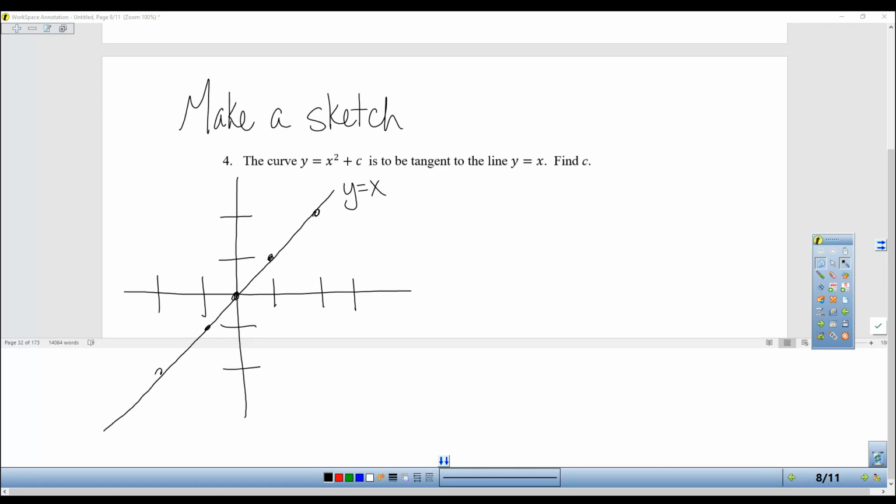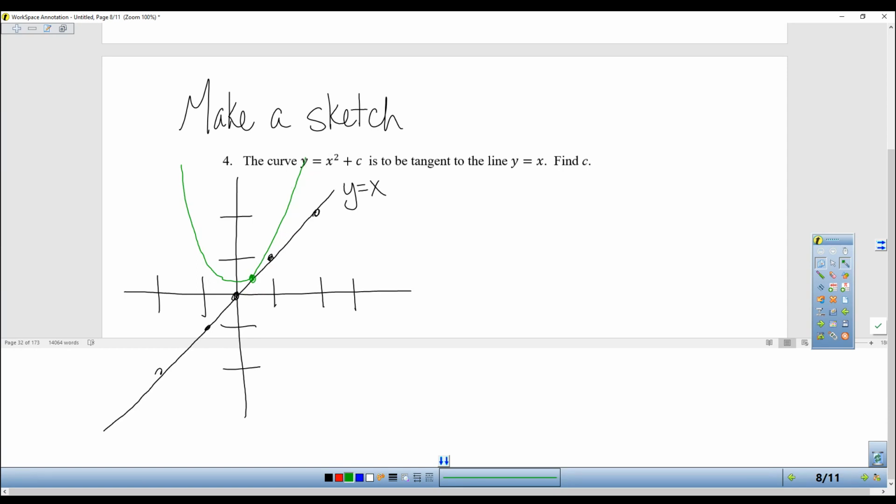Now, they want a curve x squared plus c to be tangent to this line. So I'm going to try to draw a parabola that just barely touches it. Sometimes kids draw the parabola through 0, but notice that won't make it tangent. It's going to have to move up a little bit. So maybe like that. Oh, I moved it up too high. One more try. Close enough. So it's tangent right there.